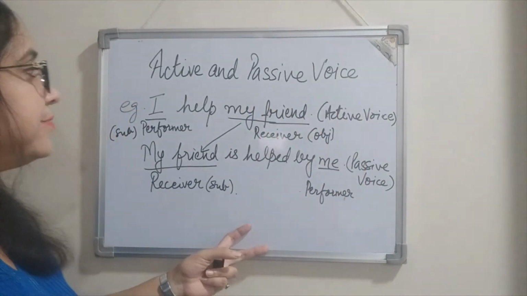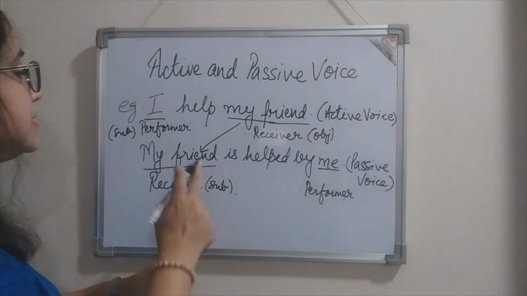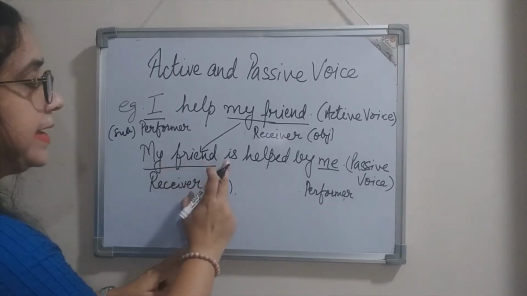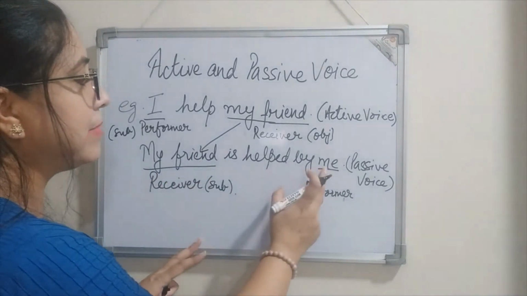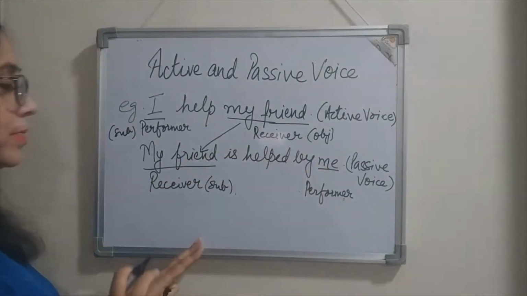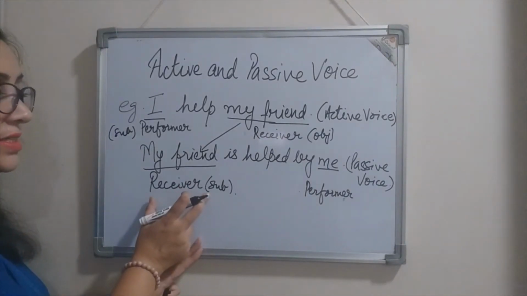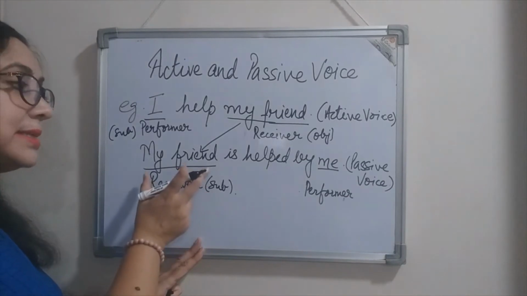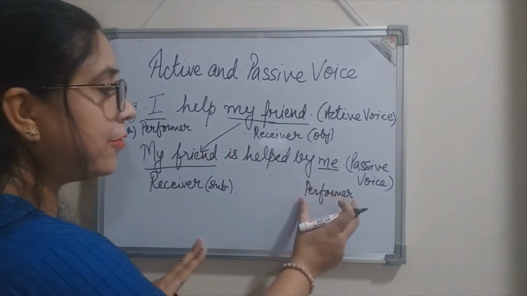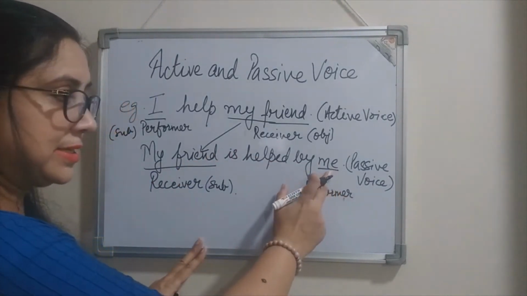Now the passive voice of this same sentence: my friend is helped by me. Why is this in passive voice? Because the receiver is at the subject's place and the performer is at the object's place.